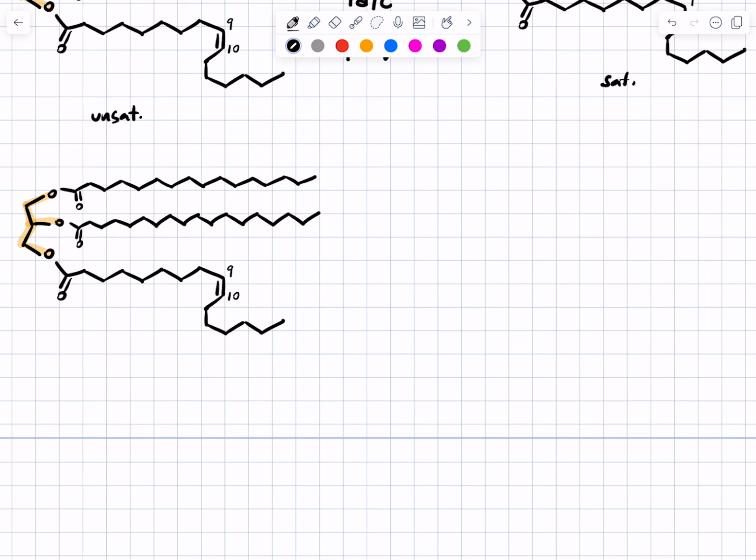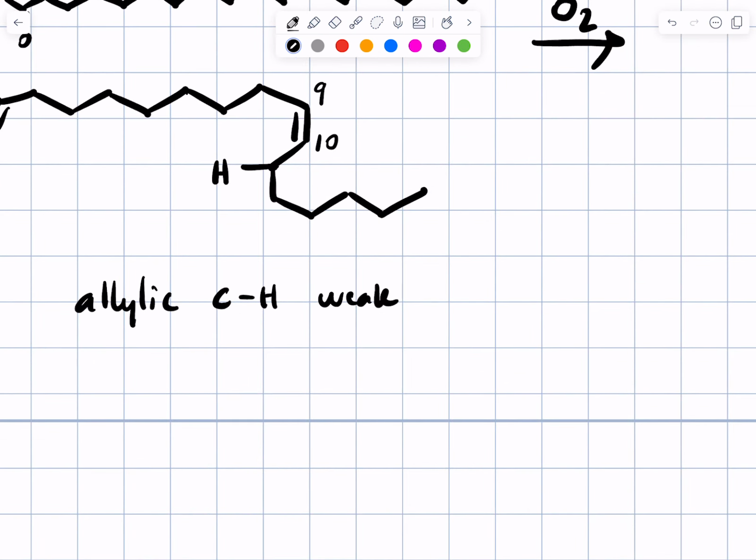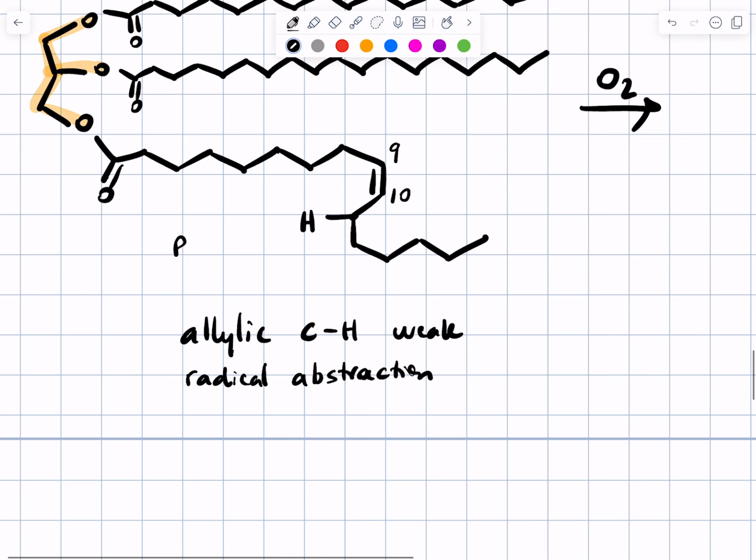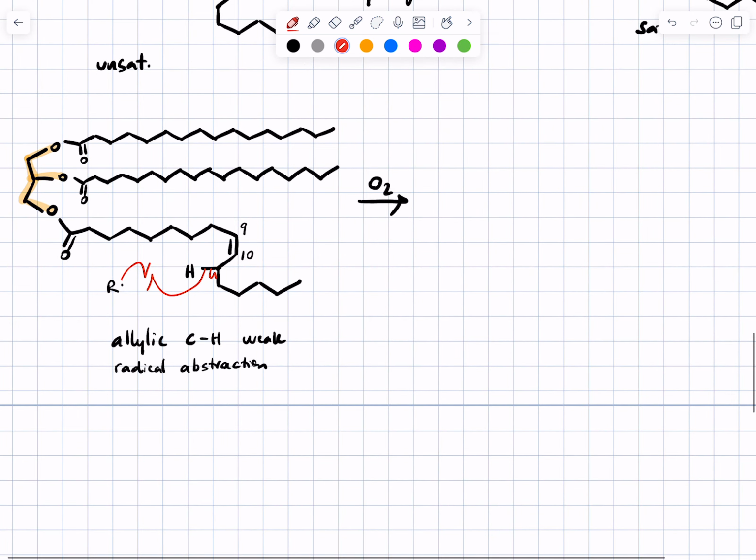And I've told some of you this story before, but in an oxidizing environment, it turns out the allylic CH bonds are weak and susceptible to what's called radical abstraction, meaning a molecule with an unpaired electron can remove the hydrogen atom to leave a resonance stabilized radical.